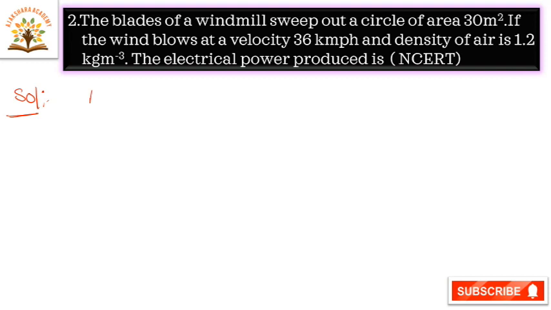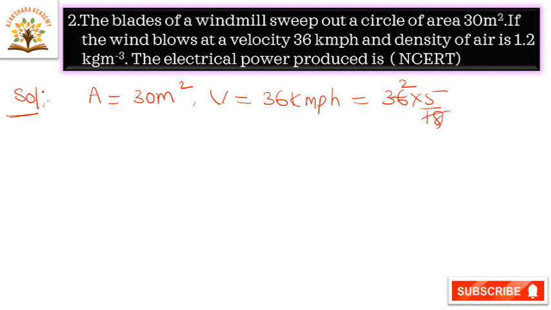Given: A is equal to area is equal to 30 meters square, and V is given as 36 kilometer per hour. Converting into meter per second, multiplying with 5 by 18, 18 ones 18, twos. So we are getting 10 meters per second, and density is given as 1.2 kilogram per meter cube, and we have to calculate power.